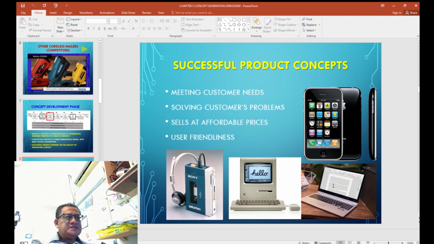Another product concept which has been successful in the past few decades is the Apple Macintosh, in which the biggest concept that made it successful is its graphical user interface, GUI, and it is driven by a mouse, which is point and click, right?